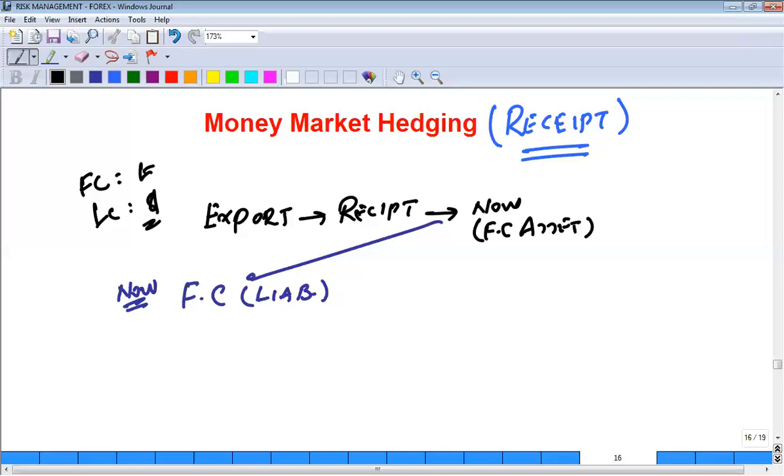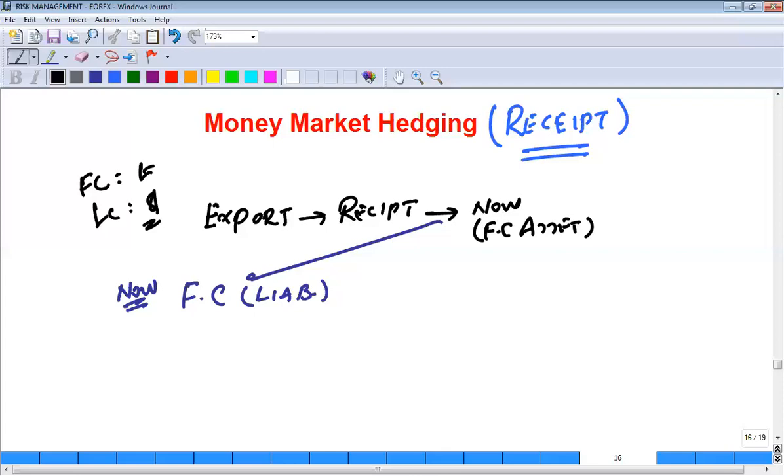We have developed a protection against the market. What is our mindset? After 1 year, whatever the fluctuation in the foreign currency, we have to protect against it. We receive from the customer and pay to the bank. That means the fluctuation is over.